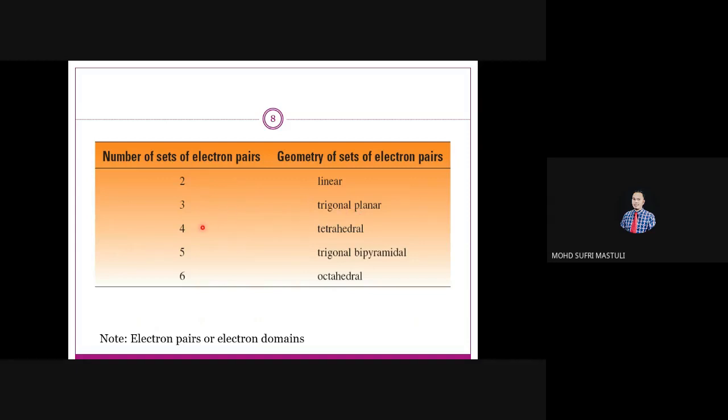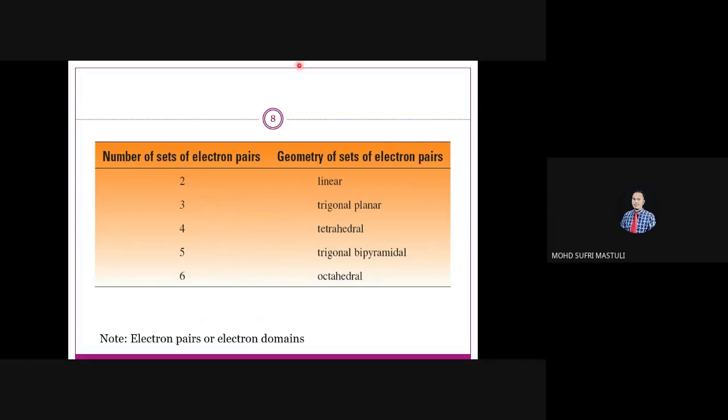If we have electron domains of 4, the electron domain geometry is tetrahedral. If we have an electron domain of 5, the electron domain geometry is trigonal bipyramidal. If we have an electron domain of 6, the electron domain geometry is octahedral.